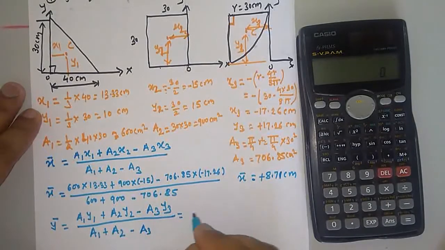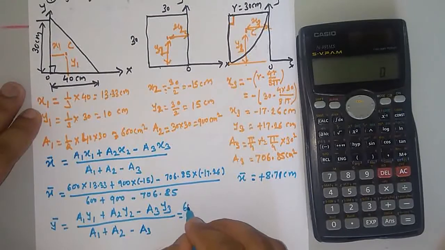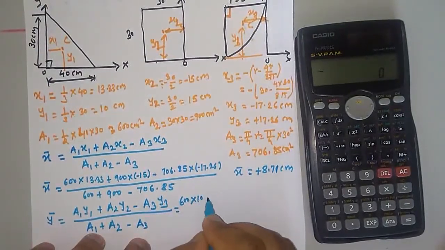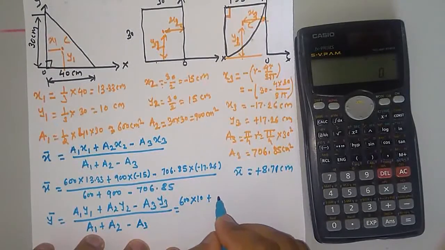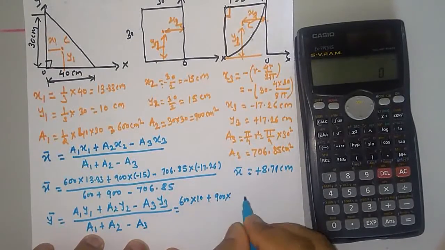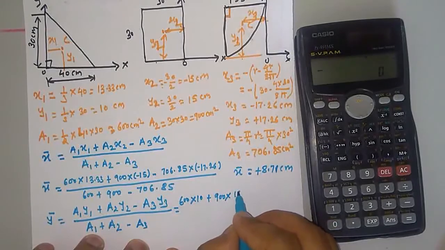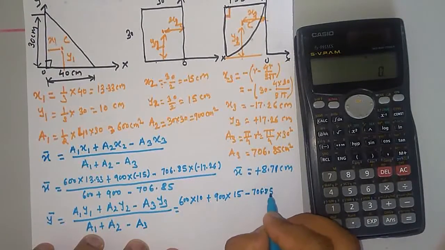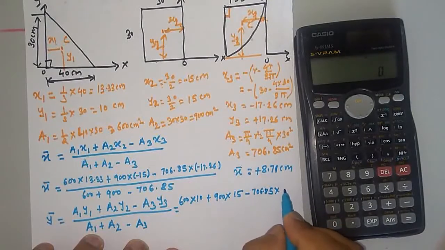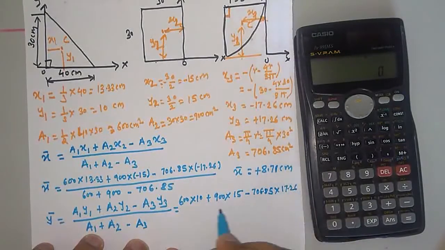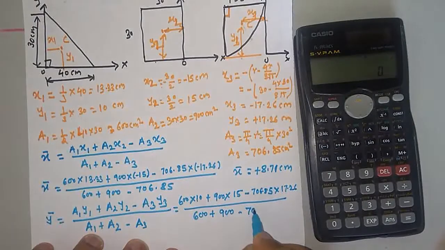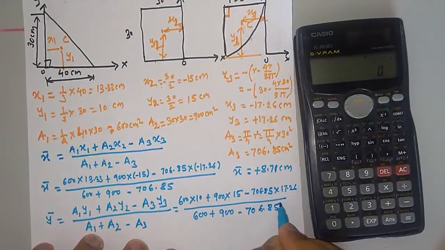Okay, put these values. 600 into y1, which is 10, plus a2 which is 900 into y2 which is 15, minus a3 which is 706.85 into y3 which is plus 17.26, divided by 600 plus 900 minus 706.85.